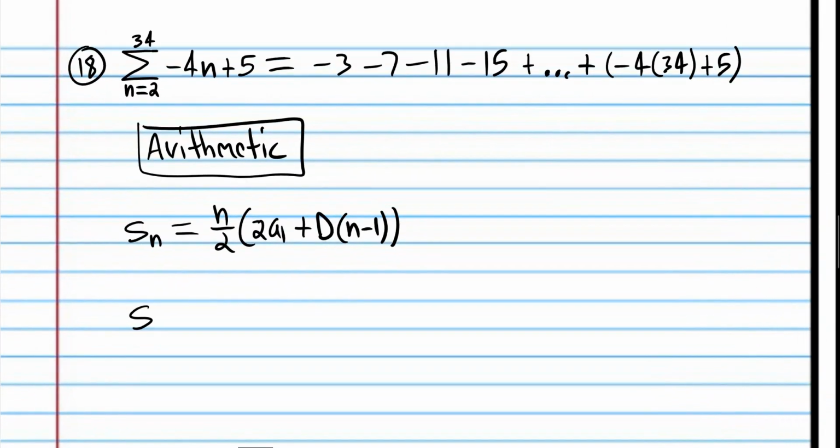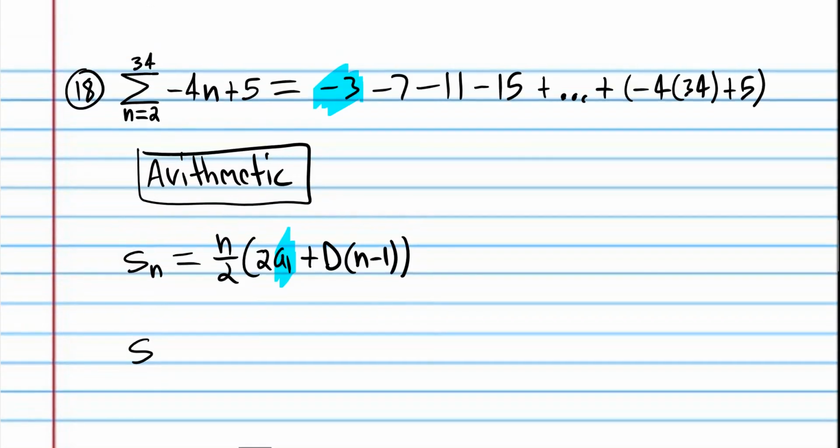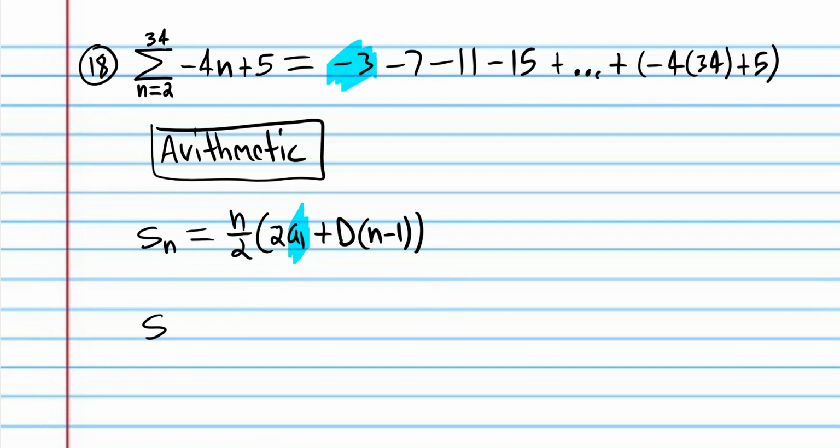Now, again, the hardest part here is to figure out what n is. How many terms are we adding? Again, we're going to be adding 33 terms, not 34, not 35, but 33.